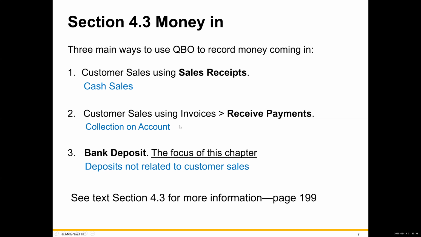The second way to receive money is through receive payments. That's where you invoiced your customer and now he's paying you. So you're collecting on his account. That's receive payments. Now, in this chapter, we're going to focus in on deposits that are not related to customer sales.